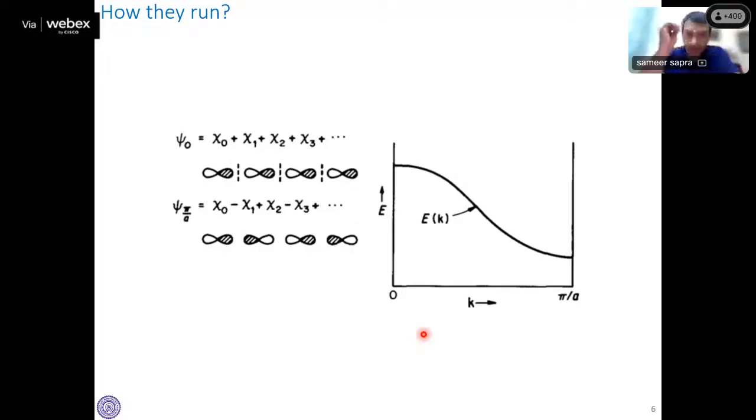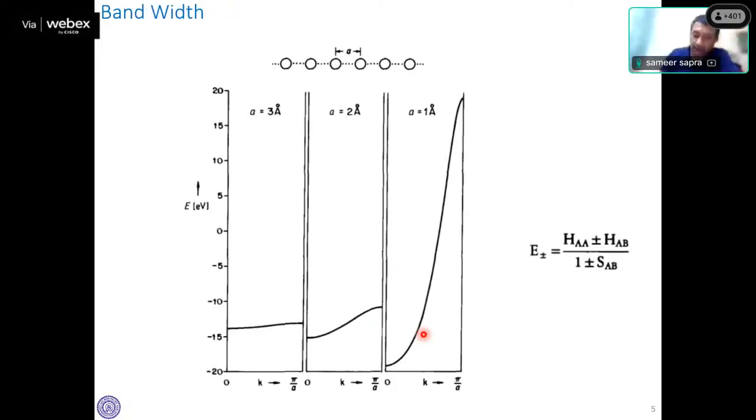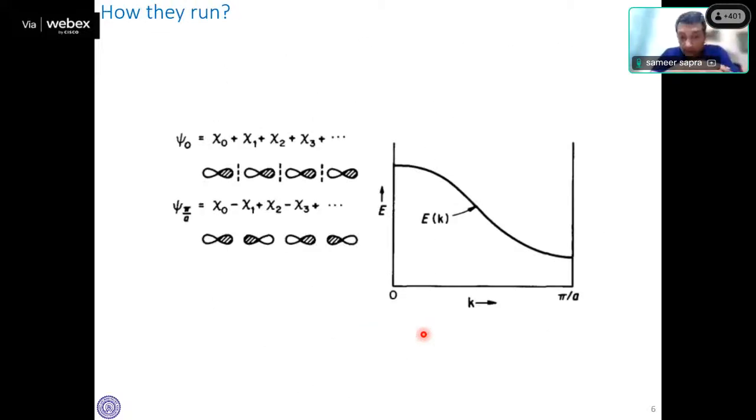All right. Now, you have not always seen bands running from 0 to pi by a in the direction that we saw earlier, not in this direction. In a number of cases, you also see that they are running downwards. So what governs how they run? What governs it is the atomic orbitals.